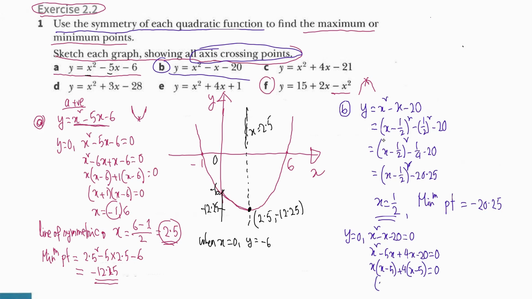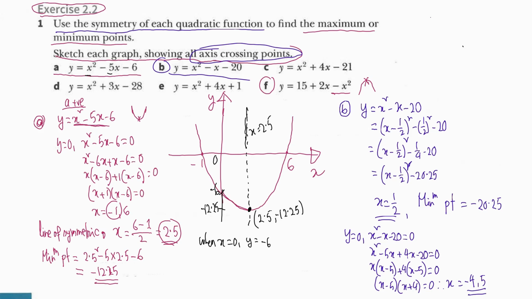So the two values of x are 5 and minus 4. Therefore the x values are -4 and 5. That is the point we got from here.